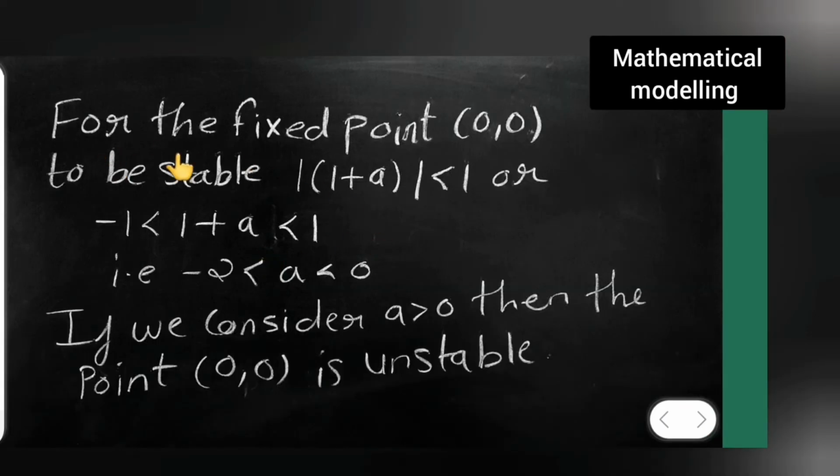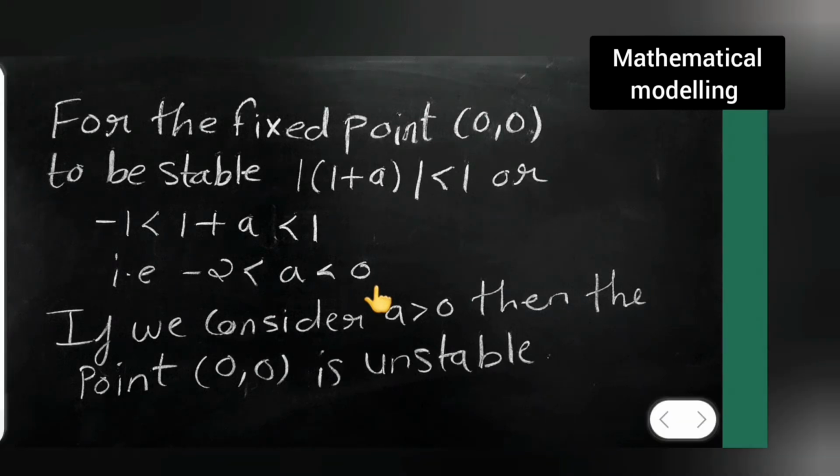Okay. So for the fixed point 0, 0 to be stable, modulus of 1 plus a is less than 1, or this 1 plus a lies between minus 1 and plus 1. So take this 1 to the other side, so it will become minus 1 minus 1, minus 2 less than a.